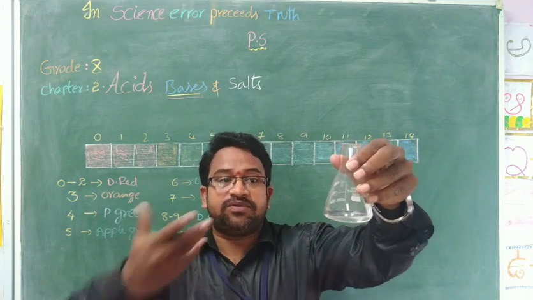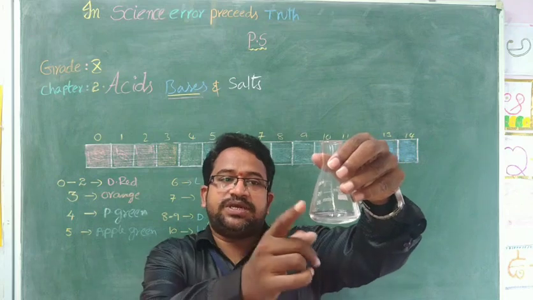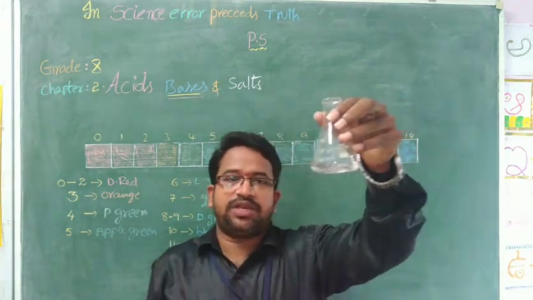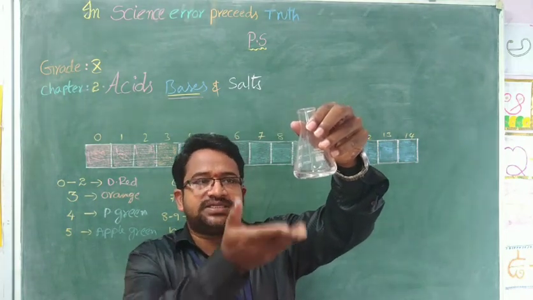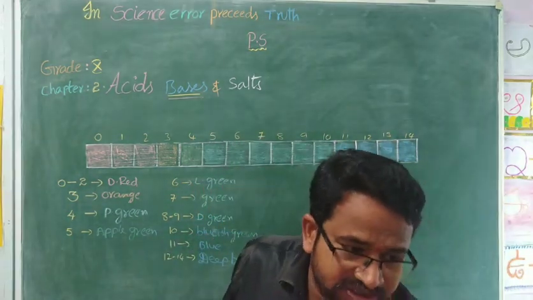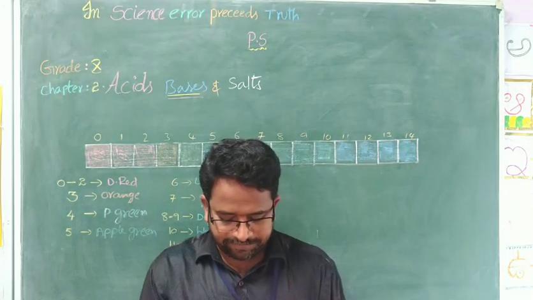So the acidic nature in your stomach is going to increase, because acid is there. So it has to be neutralized. When is the acid going to be neutralized? By adding a base. For that I am going to take antacid tablets.